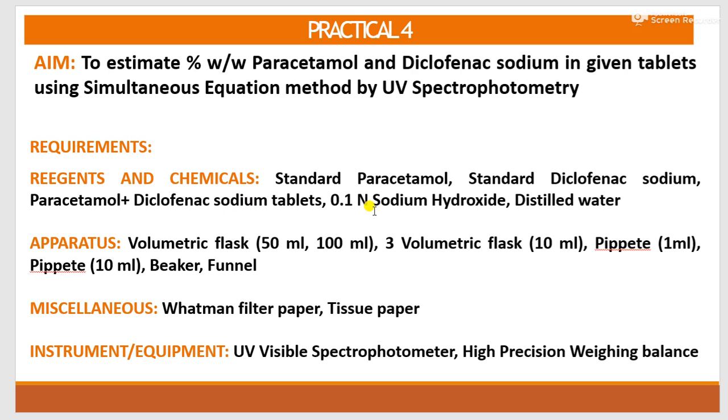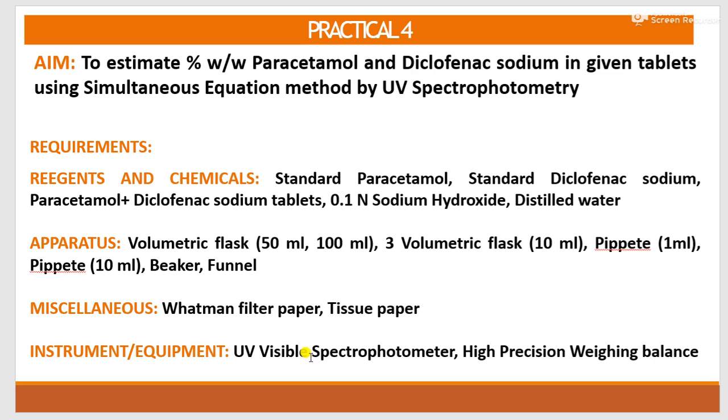0.1 normal sodium hydroxide, and distilled water to prepare 0.1 normal sodium hydroxide. Apparatus: volumetric flasks of different sizes, pipettes, beaker, and funnel. You also require Whatman filter paper for filtration of standard as well as sample solution, and tissue paper for wiping off the outer surface of the cuvette.